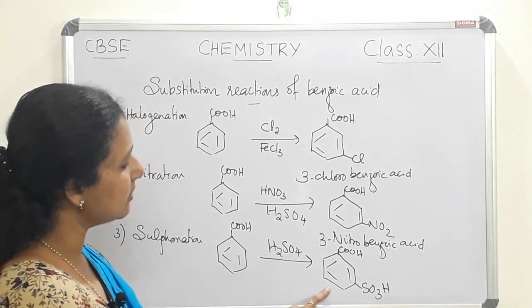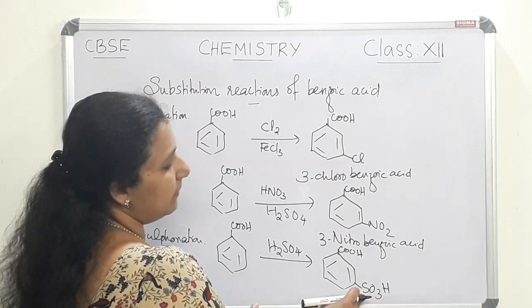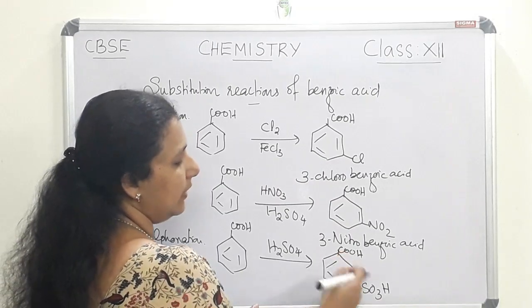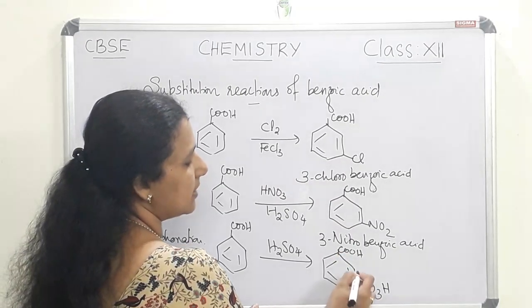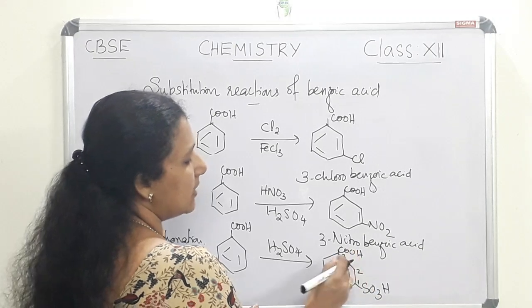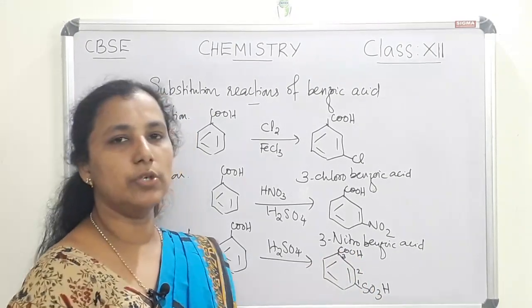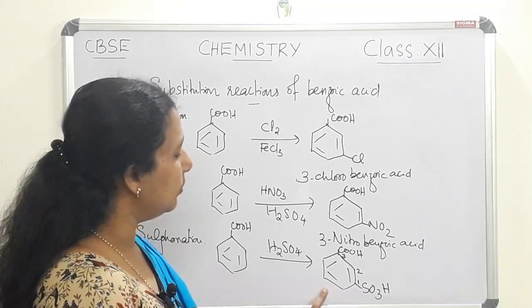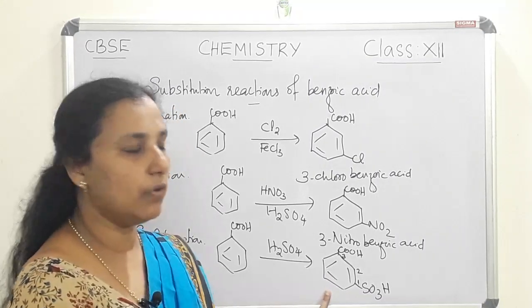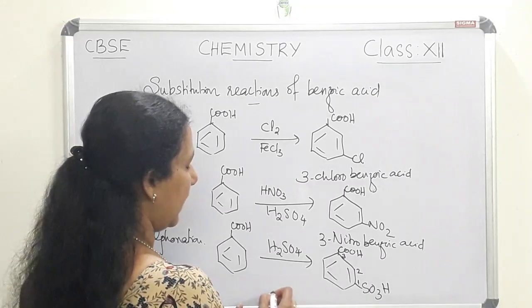So while naming this compound, this SO3H will be having more preference than COOH. So this carbon will be the first carbon, then 2 and 3. So in the third position, carboxyl group will be there, and we have to name it as a derivative of benzene sulfonic acid.